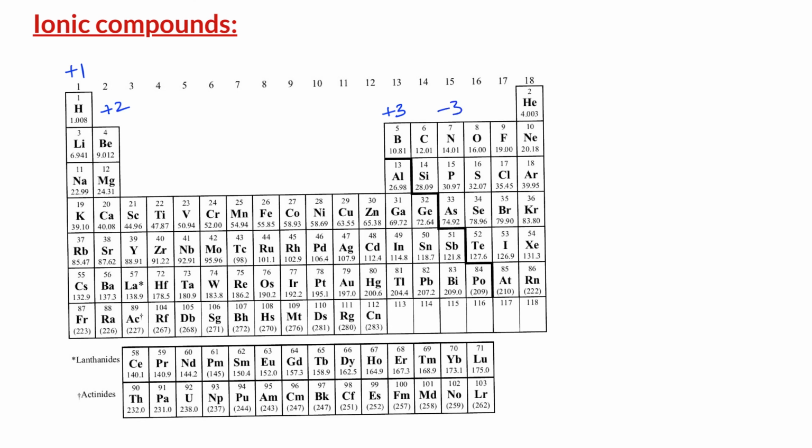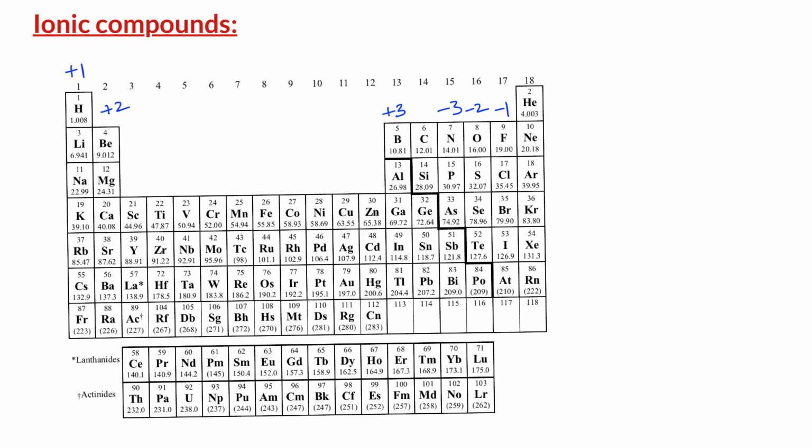Group 6A forms di-negative anions, and group 7A forms mono-negative anions. This information is very useful to determine the chemical formula of various ionic compounds that any combination of a metal and a non-metal can form.